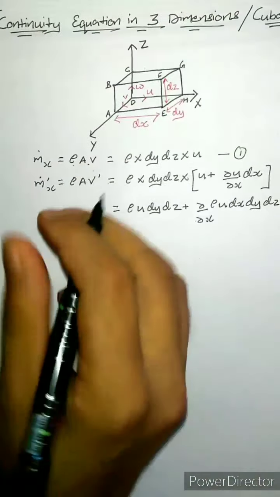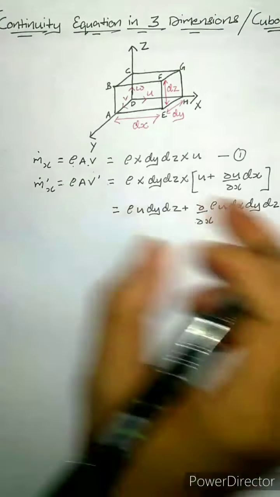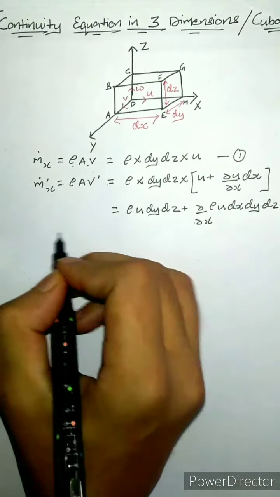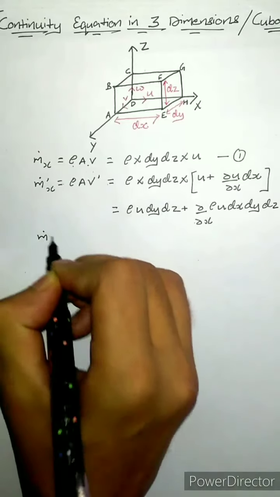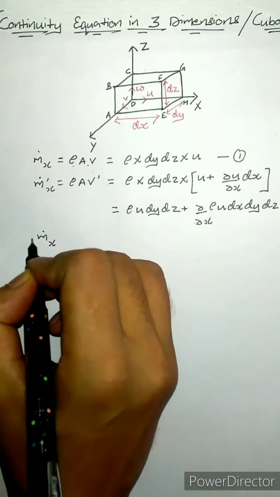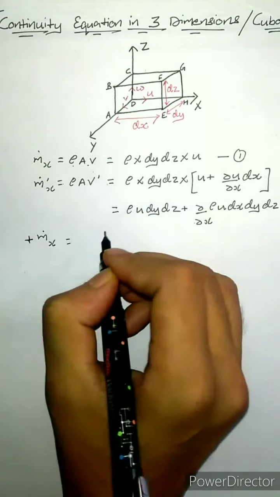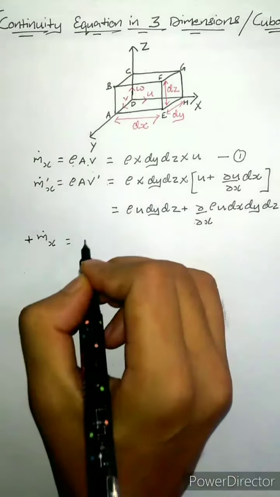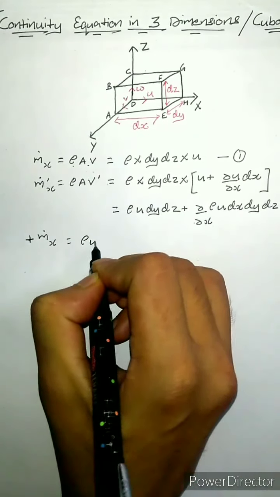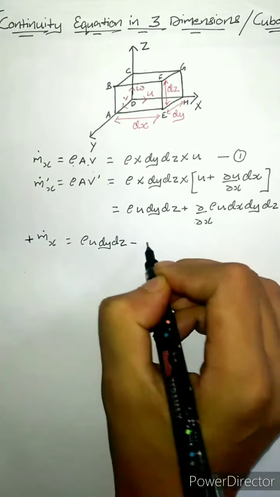So the increase in the mass flow rate in the x direction is the first equation minus the second equation.